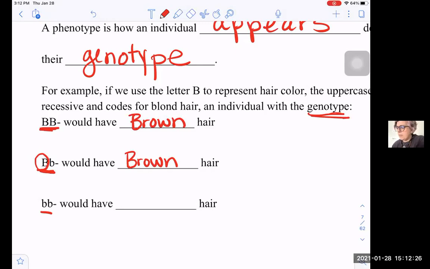It covers up this little b. It's like the little b is not even there. So then the last one, little b, is homozygous recessive, and this one would show up as blonde hair.